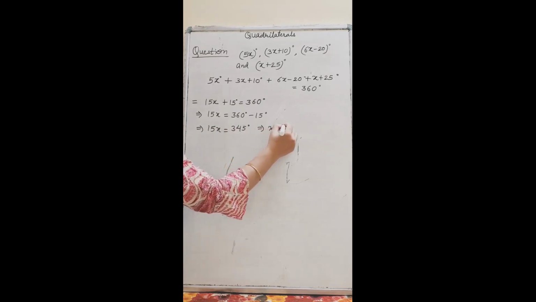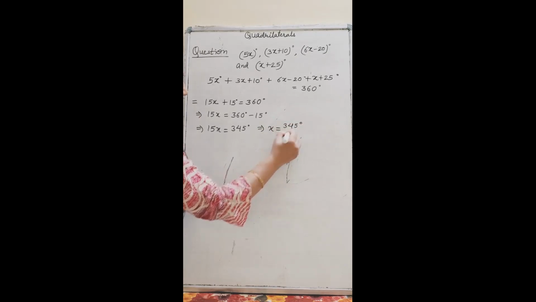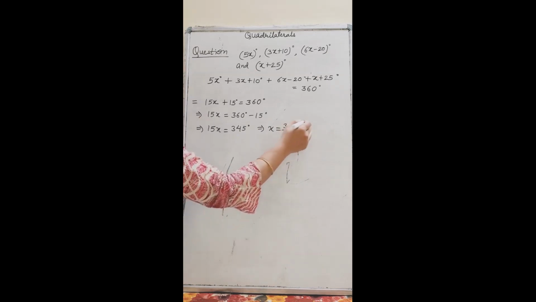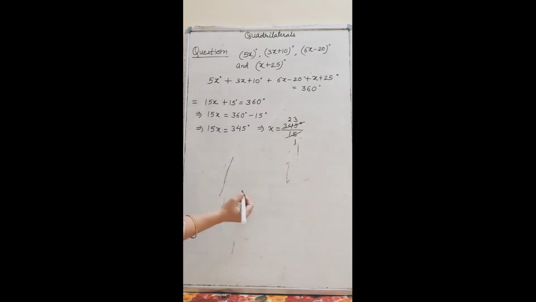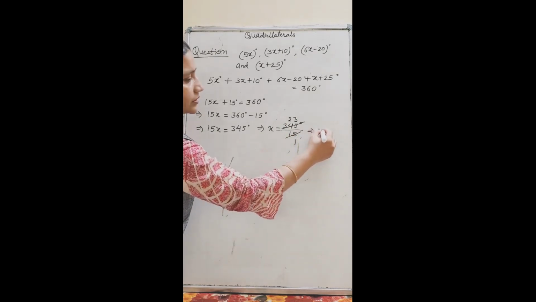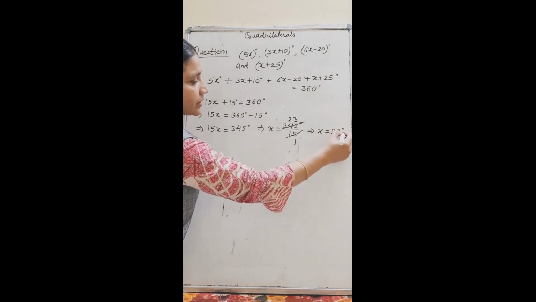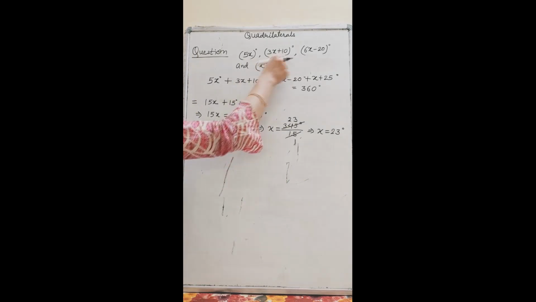So x is equal to 345 degree divided by 15. 15 1 is 15, 15 2 is 30, 15 3 is 45. So the value of x is 23 degree. This value of x we will replace here, so that we get the 4 angles.